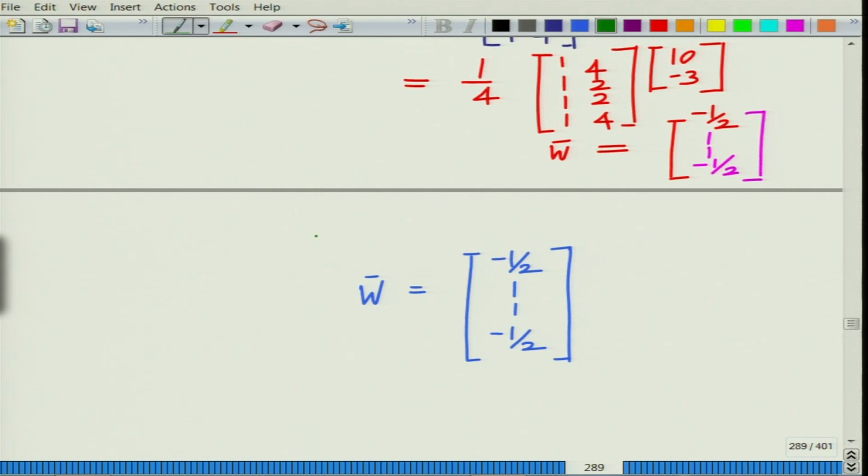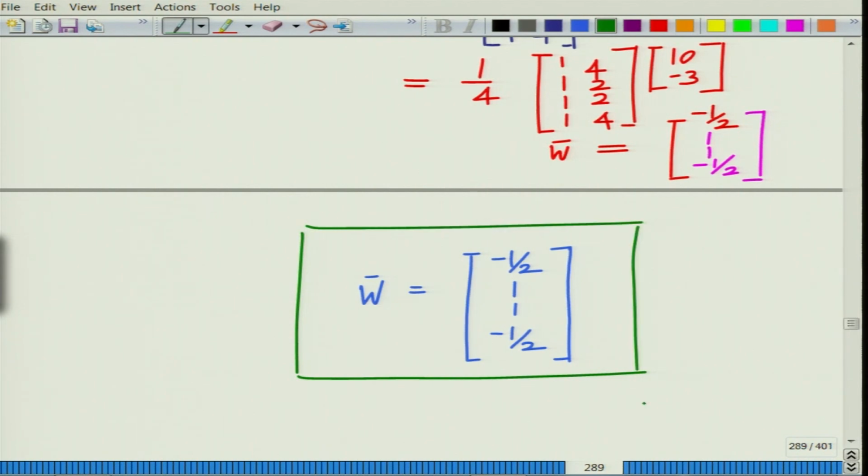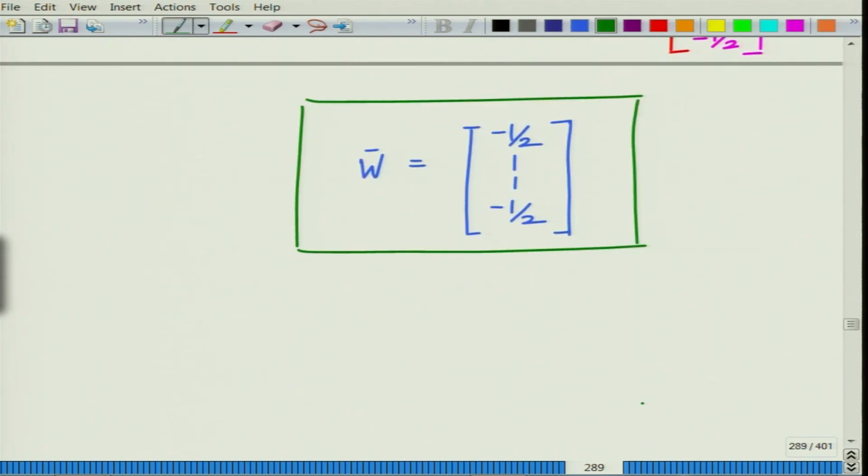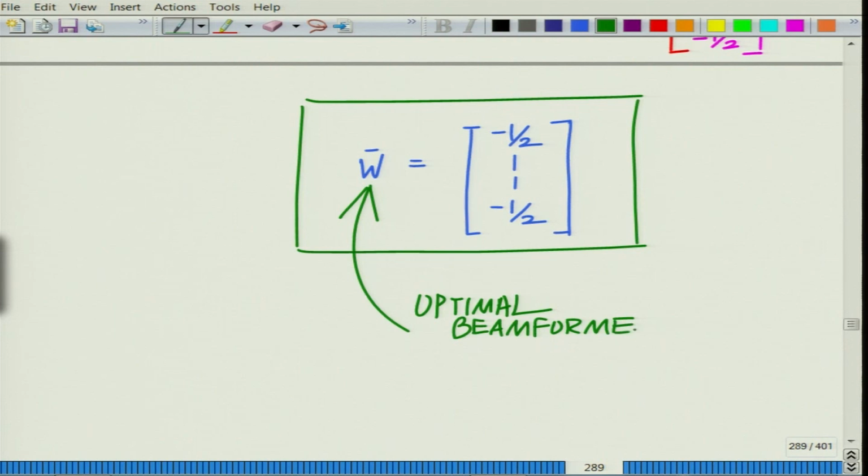And this essentially is your optimal beamformer.